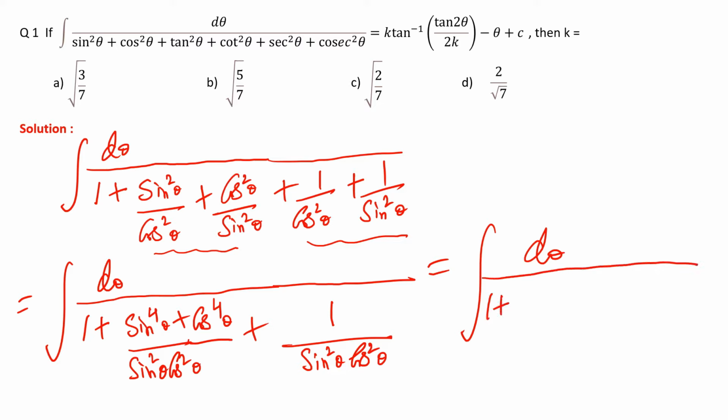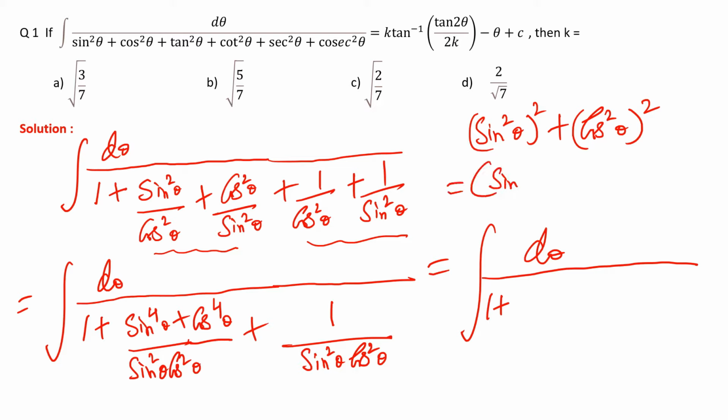Now to solve this expression further, this sine theta power 4 plus cos theta power 4 part can be written as what? It can be written as sine square theta square plus cos square theta square. Now we know that a square plus b square can easily be written as a plus b whole square minus 2ab. So by that identity, this expression can be written as sine square theta plus cos square theta whole square minus 2 sine square theta cos square theta.